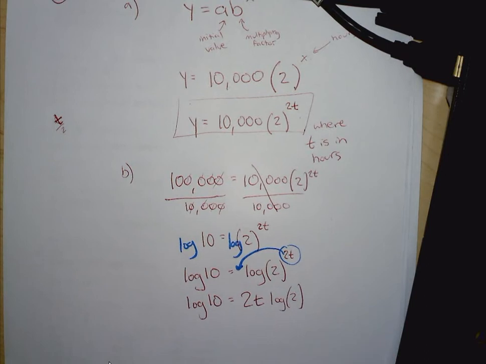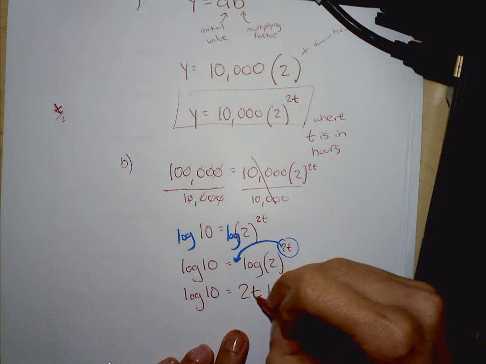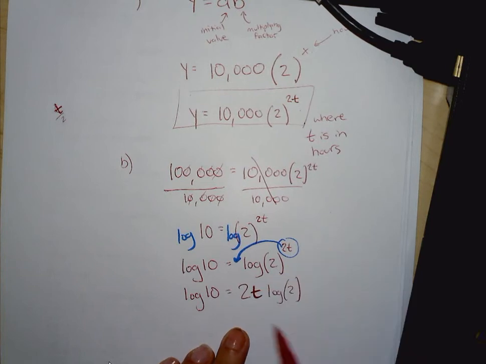Now the thing that I'm solving for here is t, the number of hours I have to wait. So I want to get rid of this 2, and I want to get rid of this log 2. Since this 2 is being multiplied by the t, and the log 2 is being multiplied by the t, the inverse operation is for me to divide by everything that I don't want. So I don't want this, and I don't want this.